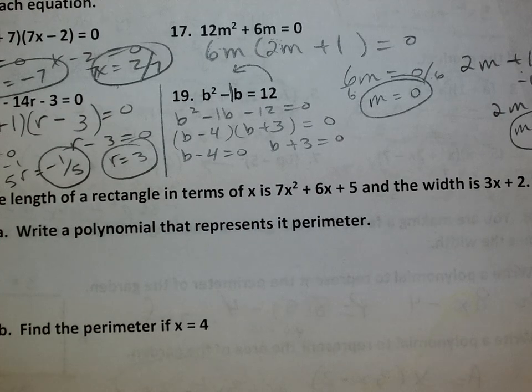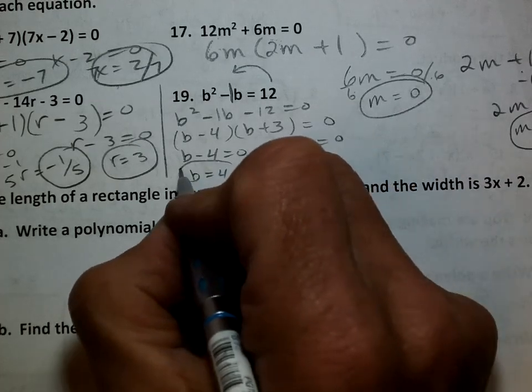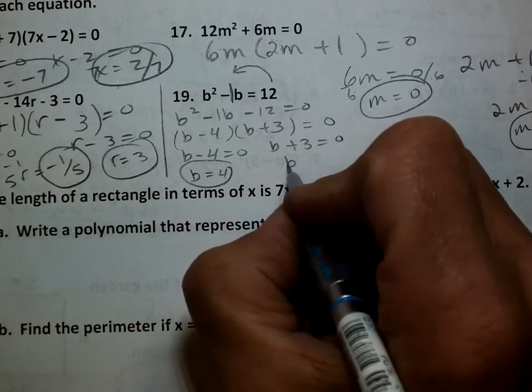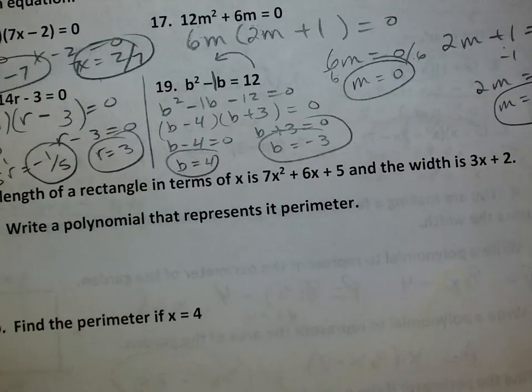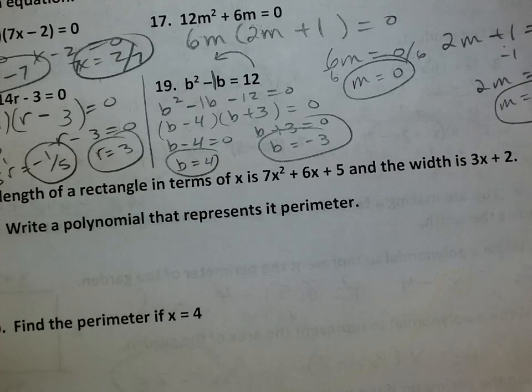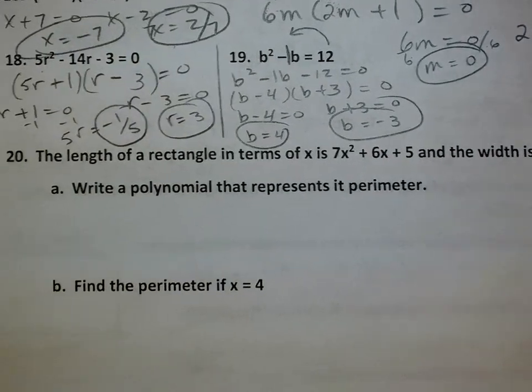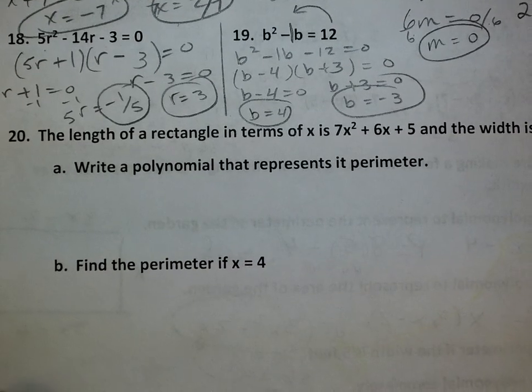Just solve from here. Plus 4. One answer is 4. Minus 3, the other is negative 3, okay? Okay. All right, you ready for the last one, number 20? 20 is not hard.